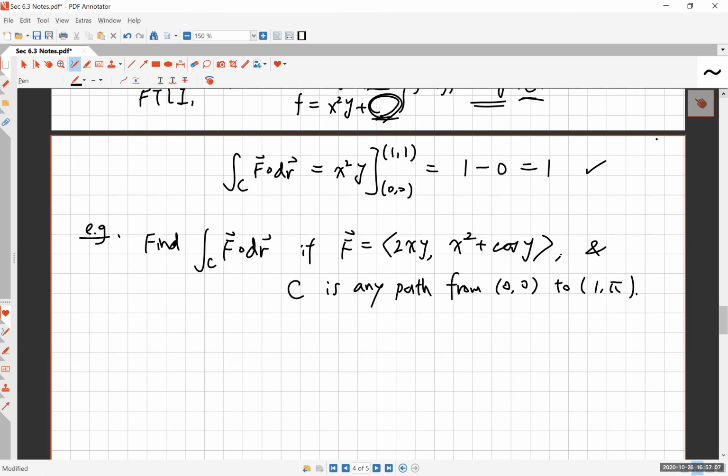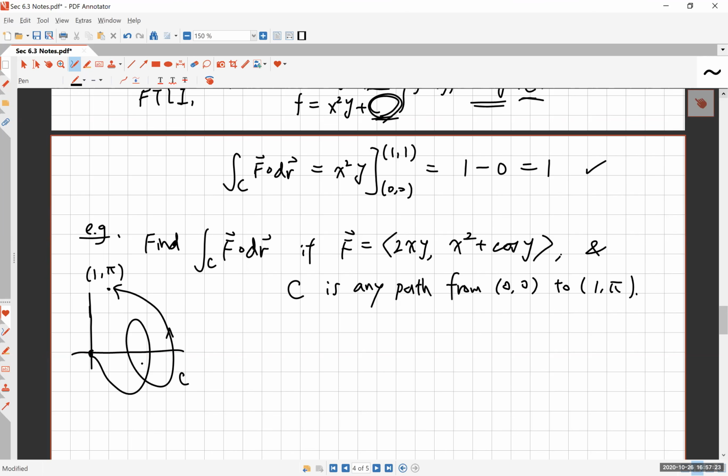Maybe I will draw a picture of this. Okay, so you have this 0, 0, that's the origin, and 1, pi happens to be around here, 1 comma 3.14, whatever. Right? My C is like this. That's my C.